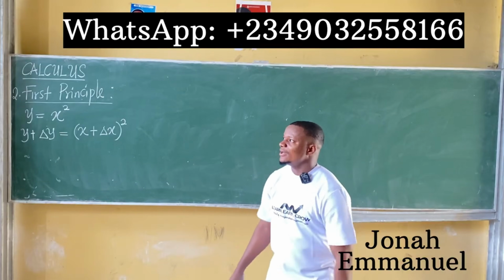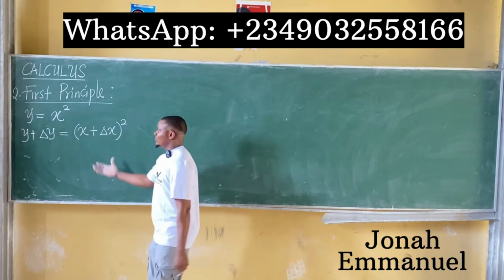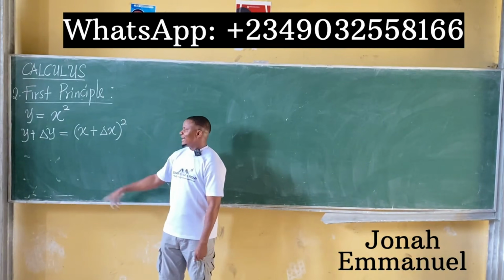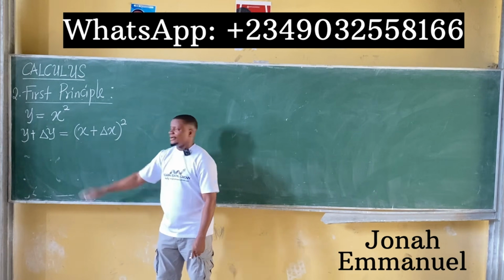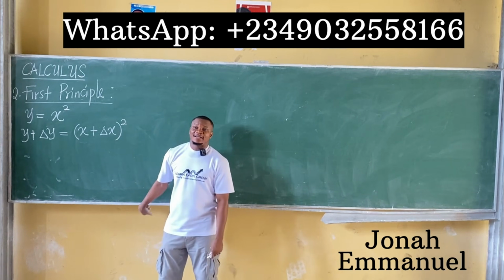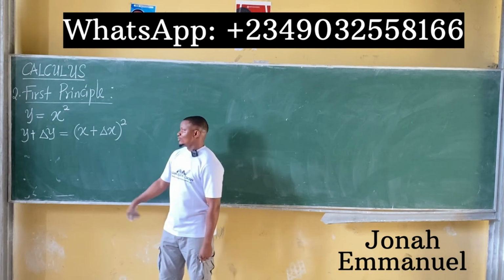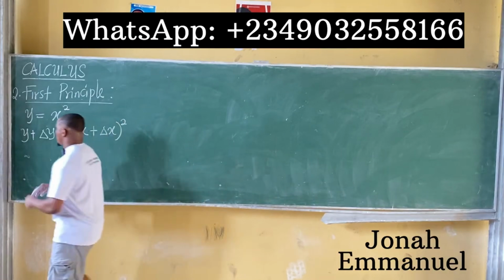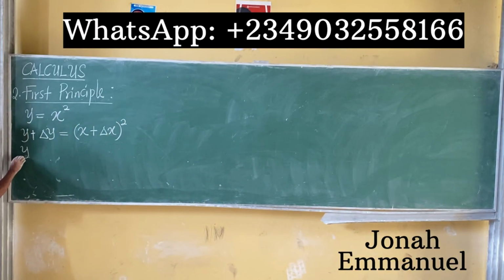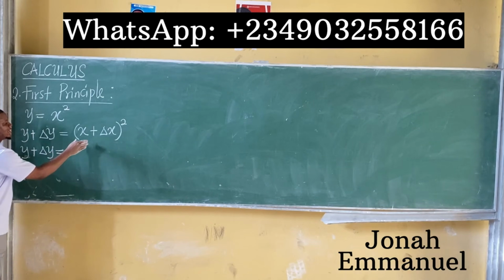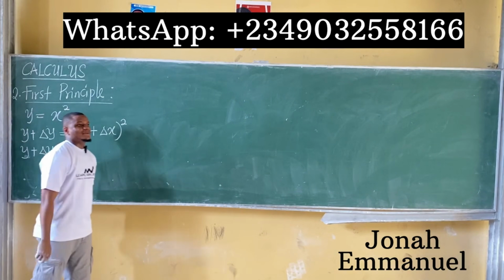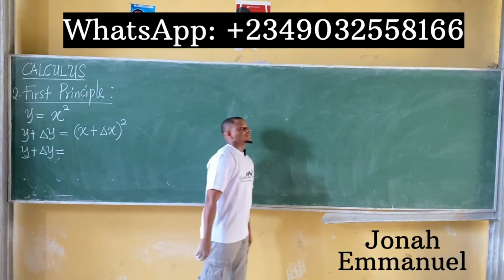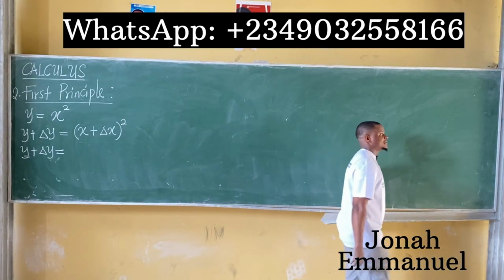What next? If you've done that and you look at this very well, you will see that we have this stuff here. Our next task could be to expand this. So I'll have y plus change in y is equal to, let's expand this. When a term is being squared, it means that term is multiplying itself.